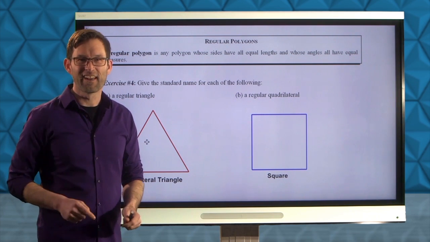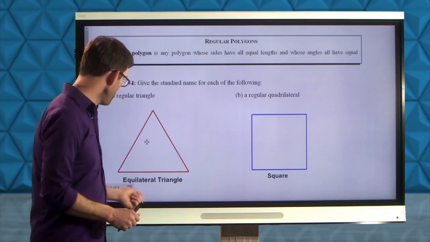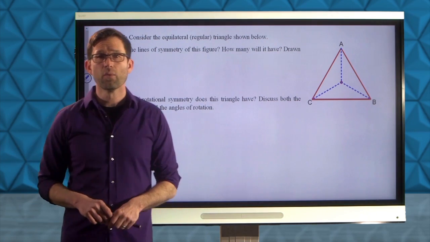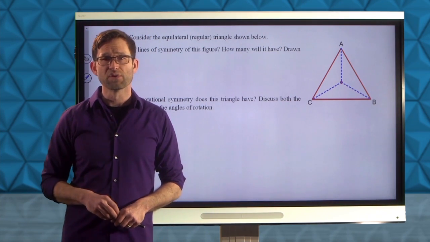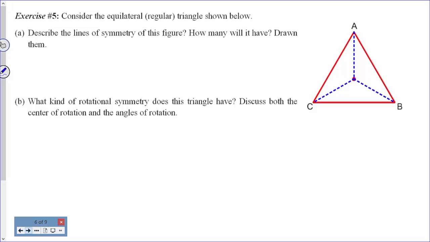So now, let's get into analyzing the symmetries, specifically of an equilateral triangle, because it's got a lot more than that first rectangle and a lot more than that trapezoid we looked at. Exercise 5. Consider the equilateral (regular) triangle shown below. Letter A. Describe the lines of symmetry of this figure. How many will it have?